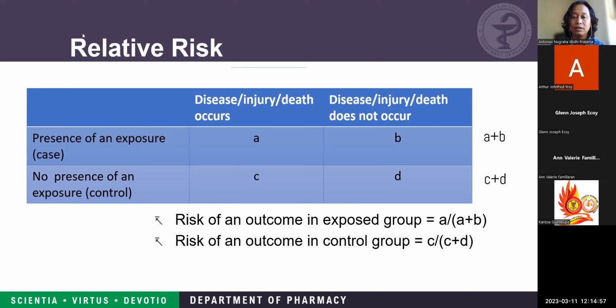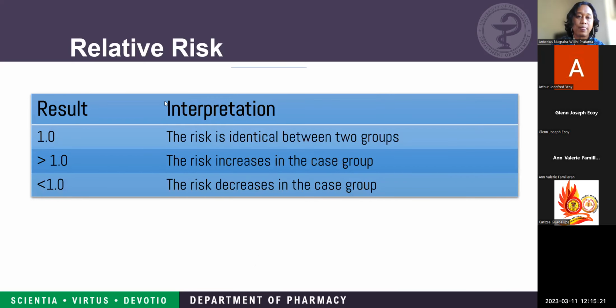So for each row we have A, B, C, D. The risk of an outcome in the exposed group is A divided by A plus B, and this is the risk of an outcome in the control group, and this ratio is the first rate to the second rate. Interpretation: if one, then the risk is identical between the two groups.